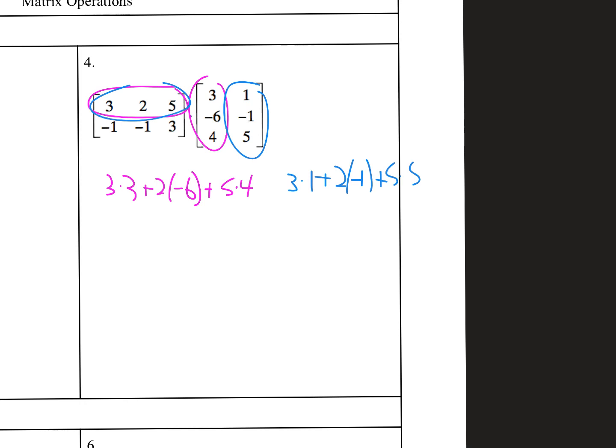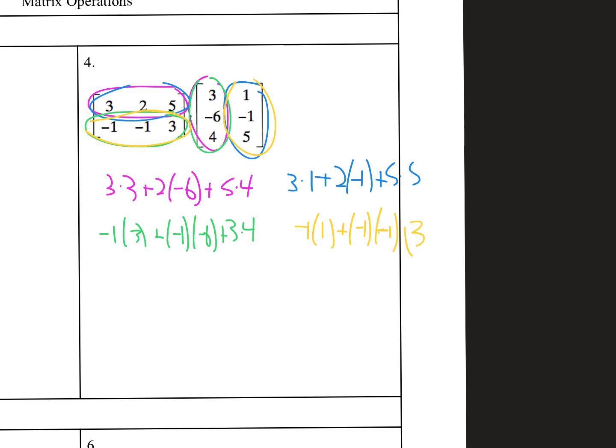And then second row, first column: negative 1 times 3, negative 1 times negative 6, 3 times 4. And then second row, second column: negative 1 times 1, negative 1 times negative 1, and 3 times 5.